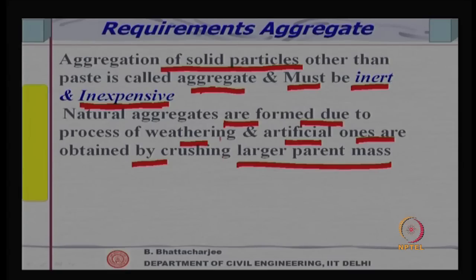So, you can have natural aggregates, that means natural gravels or natural sand, available as they are, formed by the weathering action on parent rocks, and then the other source is crushed aggregates. Artificial aggregates can be produced from materials like, let us say, fly ash.